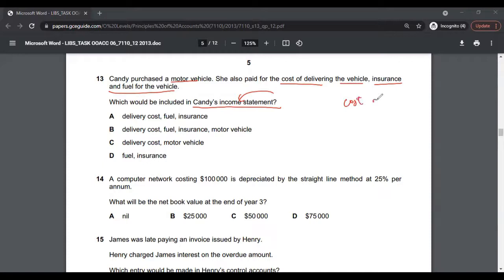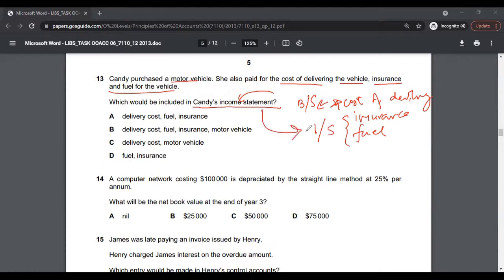Those expenses were cost of delivery, insurance, and then fuel. The cost of delivery is an expense which will appear on the balance sheet, but these two expenses, insurance and fuel, would appear on the income statement. And that's exactly what the question is asking. Therefore, if you just search through the options, the answer to multiple choice 13 is option D.